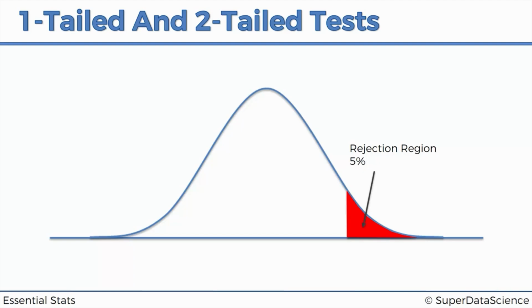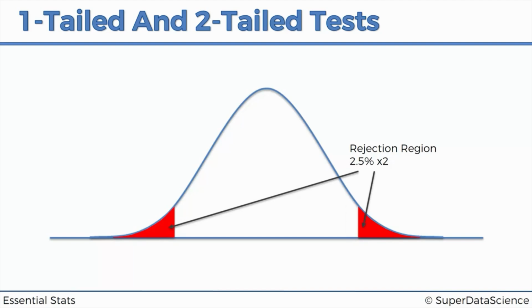I can just prove that it's increased, or I can prove that it's decreased. It's going to be twice as easy for me to reject the null hypothesis in a two-tailed test than in a one-tailed test. However, as it turns out, that's not the case. In statistics, it's actually harder to prove a two-tailed test.